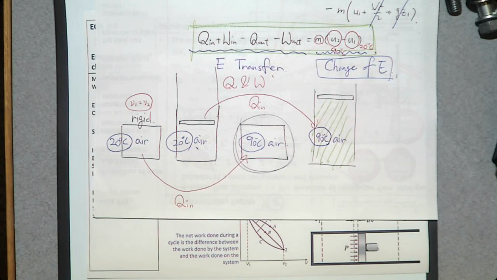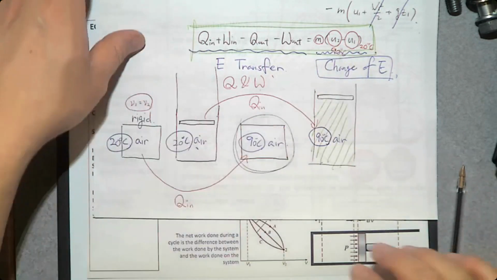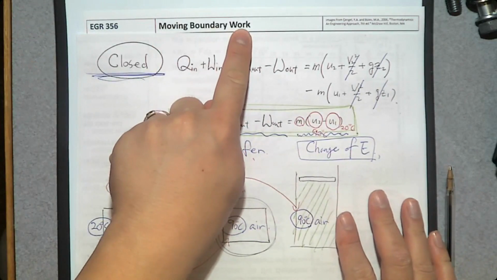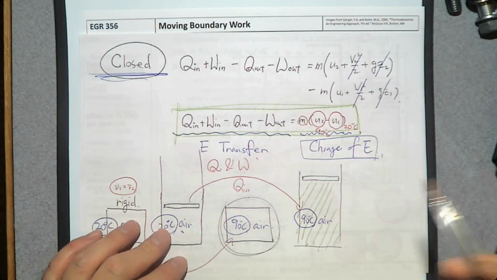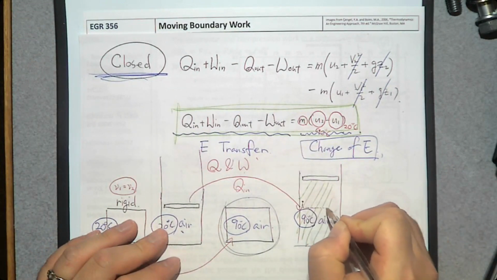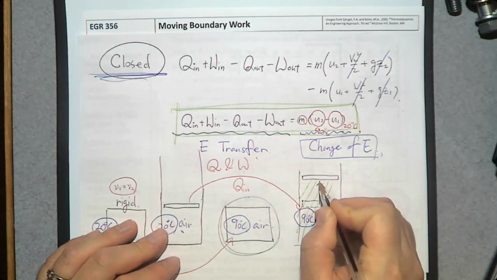So we need to add one more term on the right-hand side. That is moving boundary work. There's work needed to move this piston from here to there.